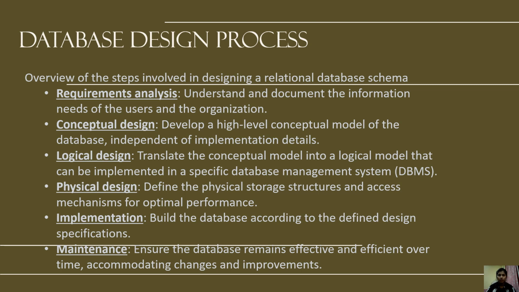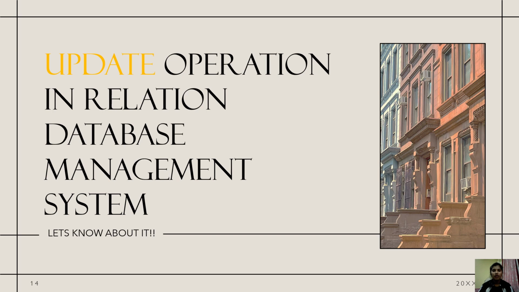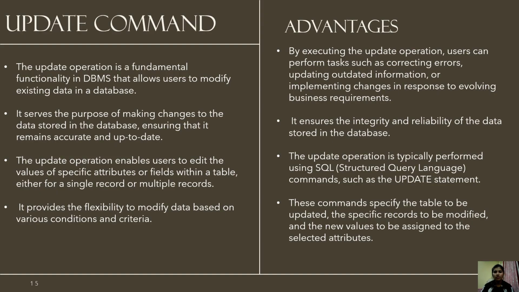accommodating changes and improvements. Next, one of the functions we are seeing is the update operation in relational database management. The update operation is a fundamental function that allows users to modify the existing database. In update, we modify the data which is already present in a relation or a table.